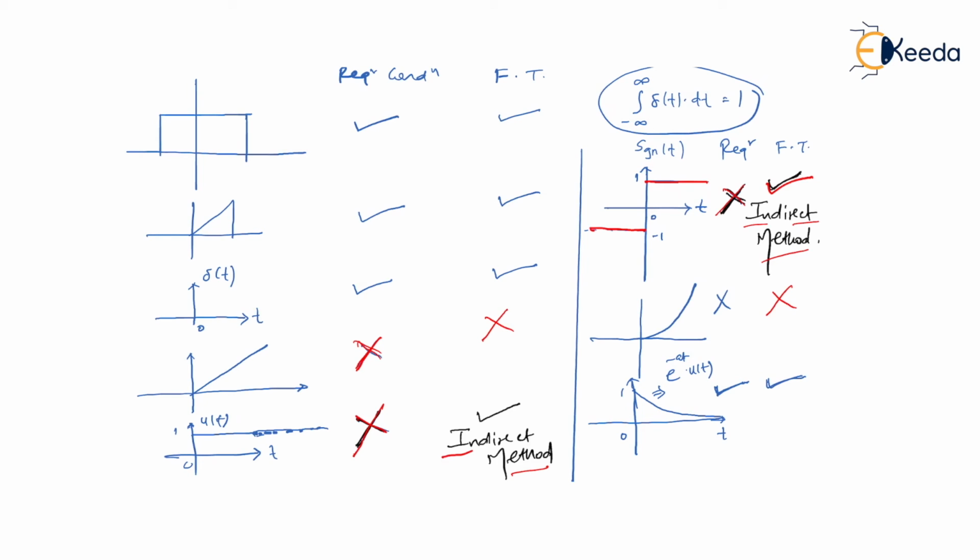For that, you should know what is meant by bounded and unbounded signals, and I'm sure you remember that when I explained stable and unstable systems, I gave you numerous examples of how to identify bounded and unbounded signals.